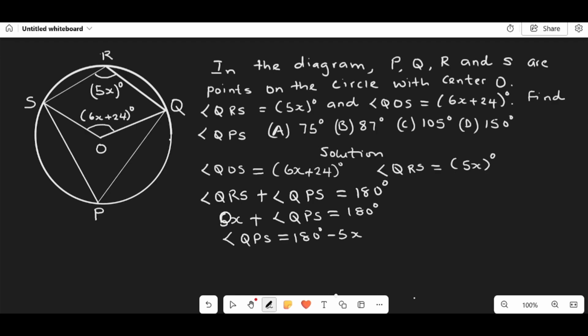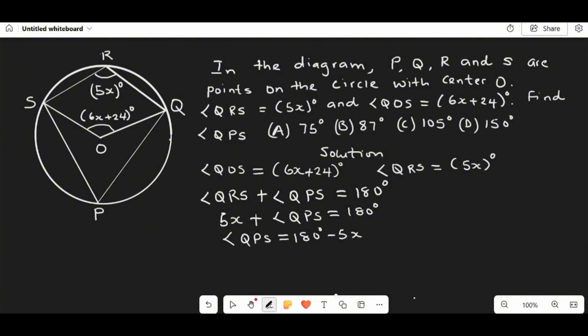Because if we transpose 5x to the right hand side, the positive sign will change to negative, and we are going to have this. Next, let us find the value of our x so that we can determine the value of angle QPX.